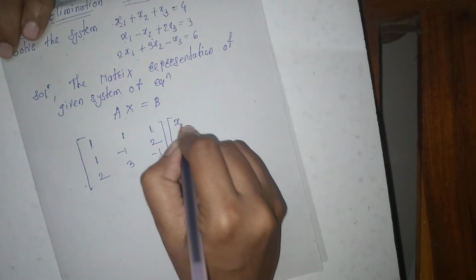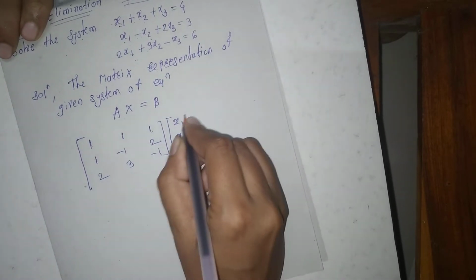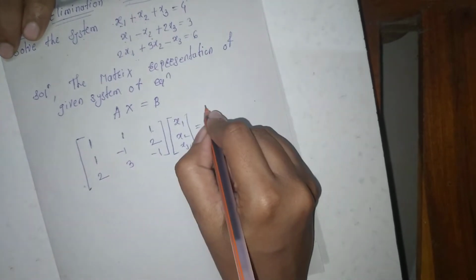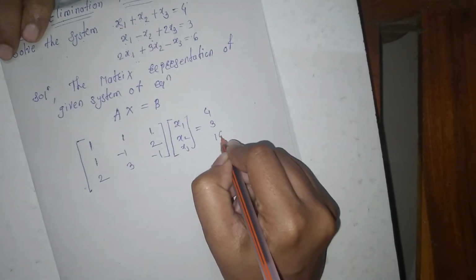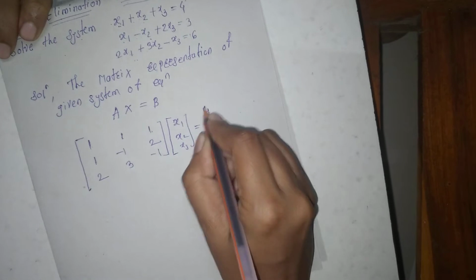Then we have the variables x1, x2, x3, and the constants 4, 3 and 6.